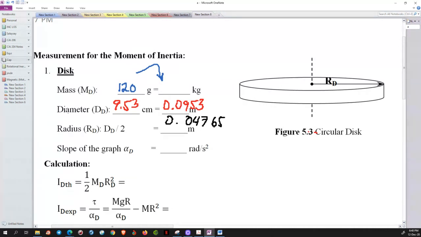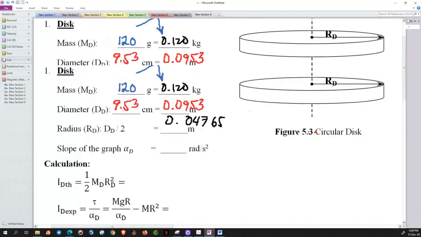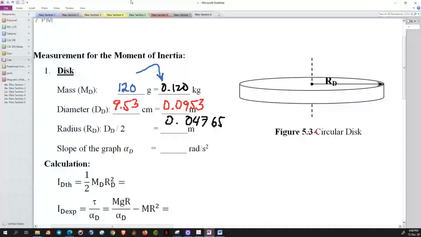But anyway, let's continue. What's going to happen next? Do not get the slope. Do not get the slope, not yet. You have to focus on the theory part. Why? Because you already know, Hamza, why do you keep raising your hand? You can already calculate the theory part, okay?